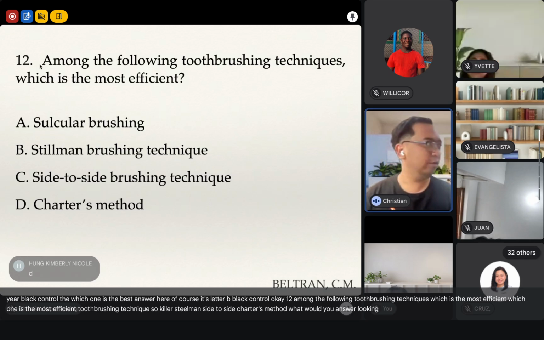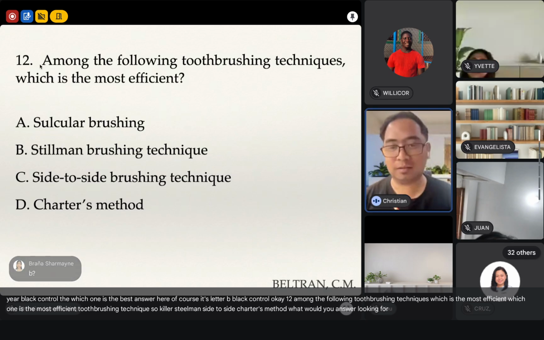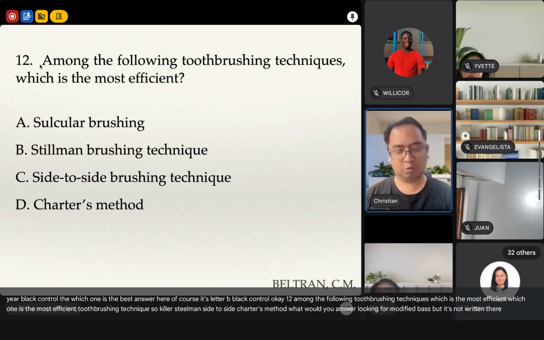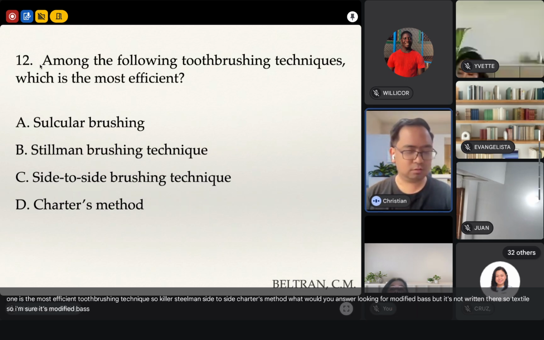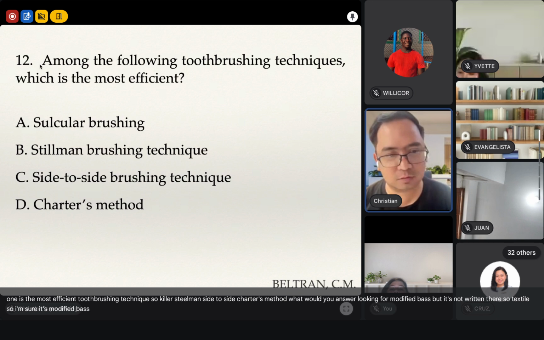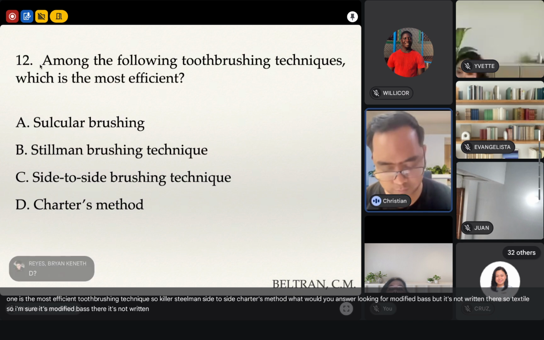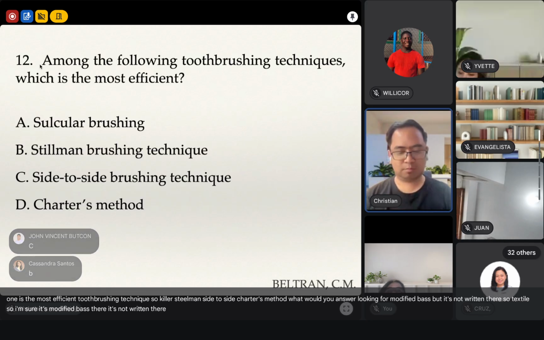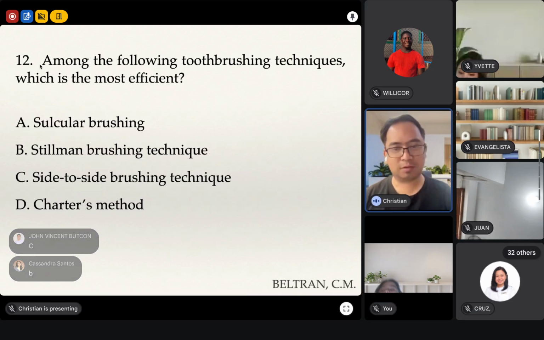You're looking for modified Bass, right? I know it's modified Bass, but it's not written there. So Stillman and Charter's, I'm sure it's modified Bass, but it's not written there. No one has guessed yet.